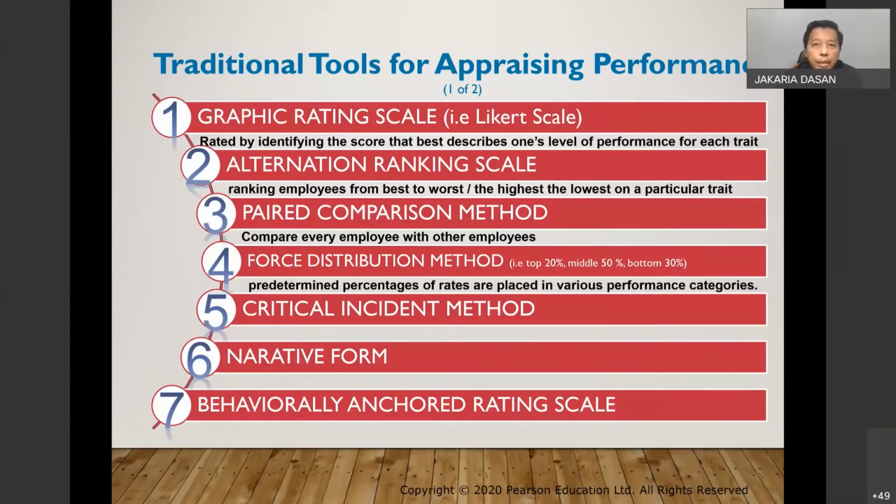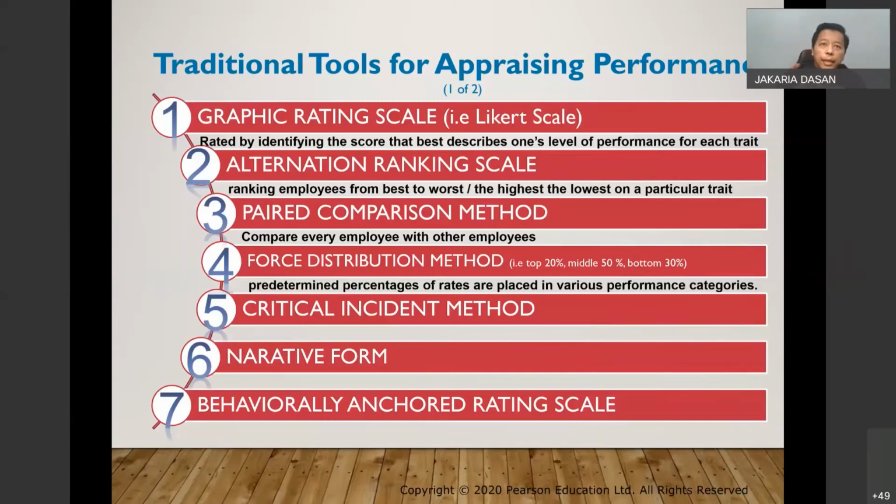So they already have the top 20 and the bottom 30, and the remaining are in the middle. This is how the employer first segregates the employees into groups of top, middle, and bottom.